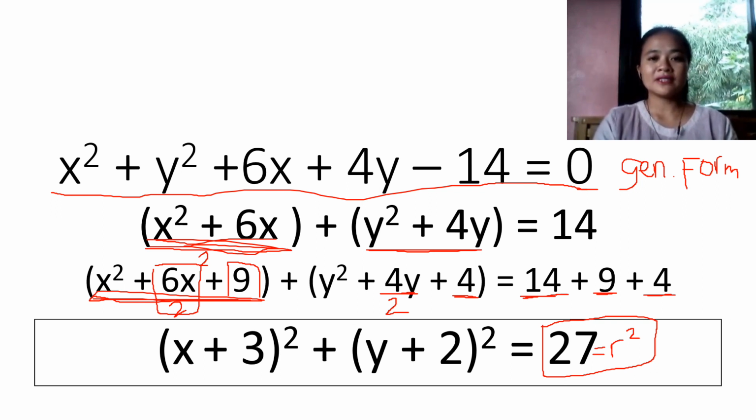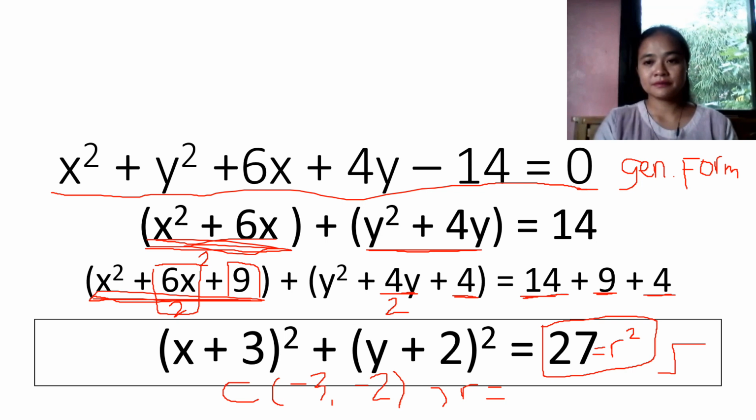To determine the center, the center of this equation is (negative 3, negative 2). And what is the radius? Since the factors of 27 are 9 and 3, and 9 is a perfect square, the radius is 3 square root of 3.